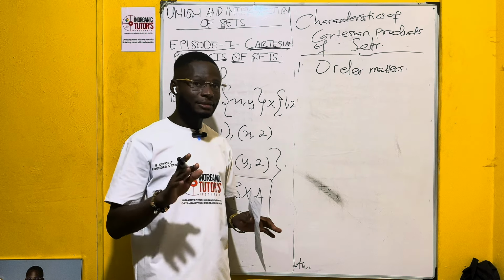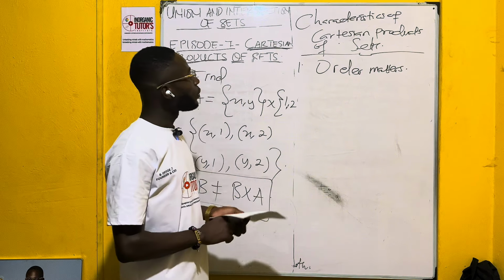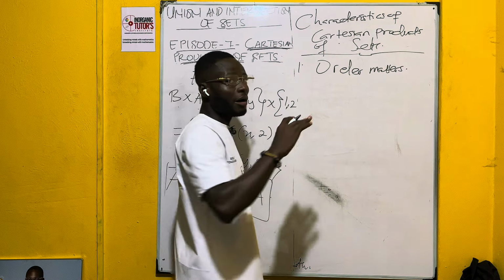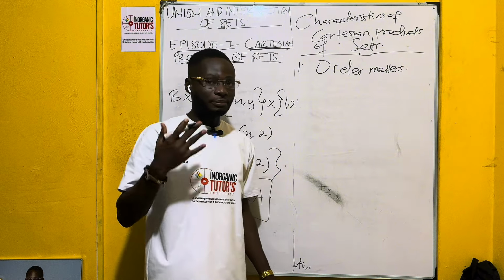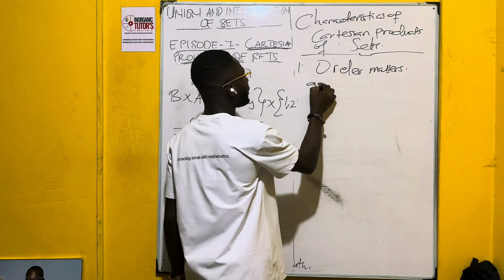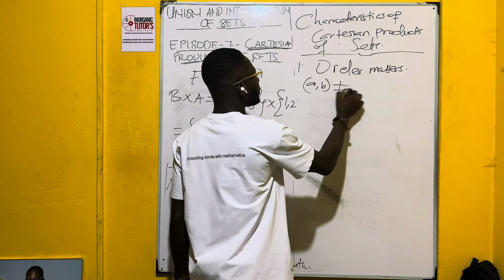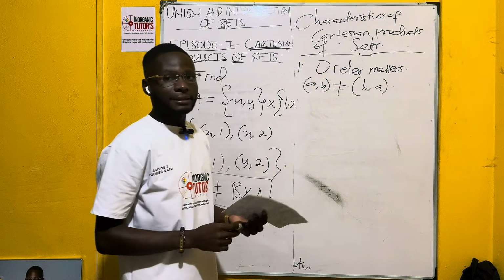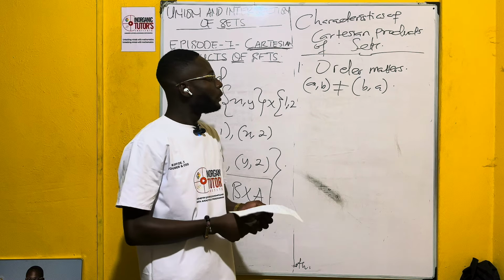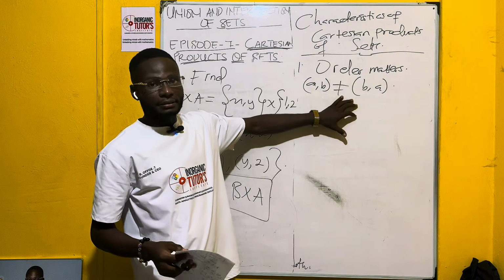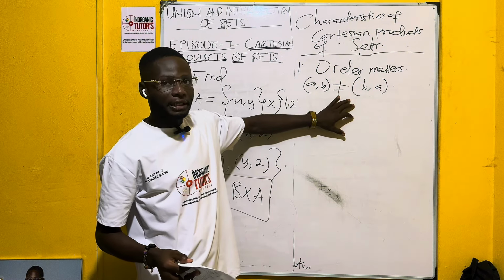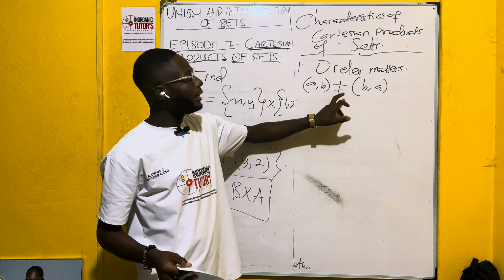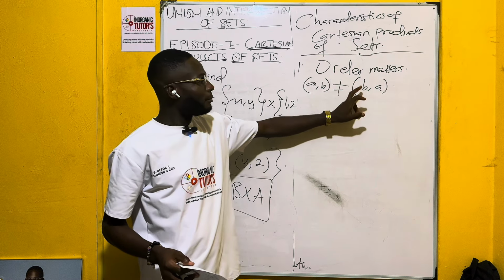So from our deductions from the beginning, we know that (A, B) is not equal to (B, A). From the beginning, (A, B) is not the same as (B, A).